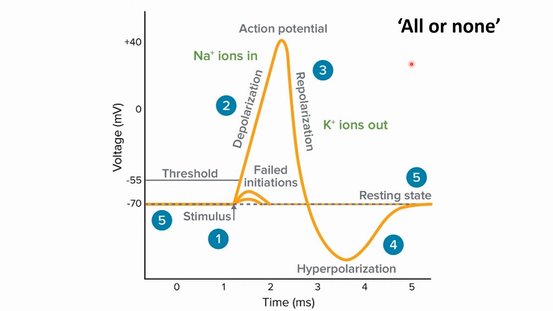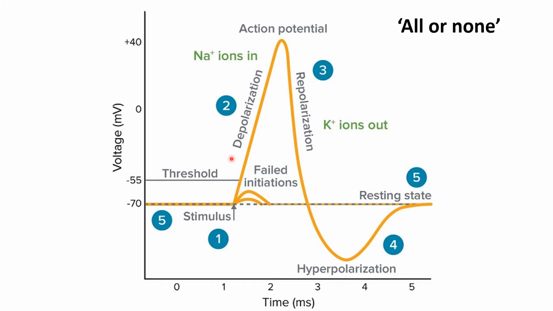This is illustrating the all or none principle, and you will get asked about it. That means if there's not enough stimulus to depolarize the inside of the membrane to negative 55 millivolts, and we don't hit threshold, then nothing happens. If we do hit threshold, then the action potential occurs automatically, and it doesn't matter if there's more stimulus at that point. The action potential will be exactly the same every time.